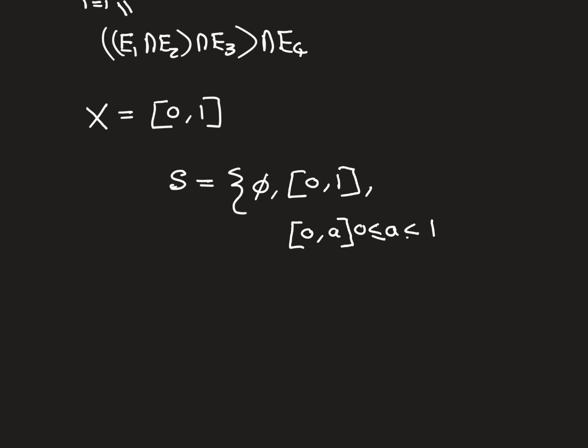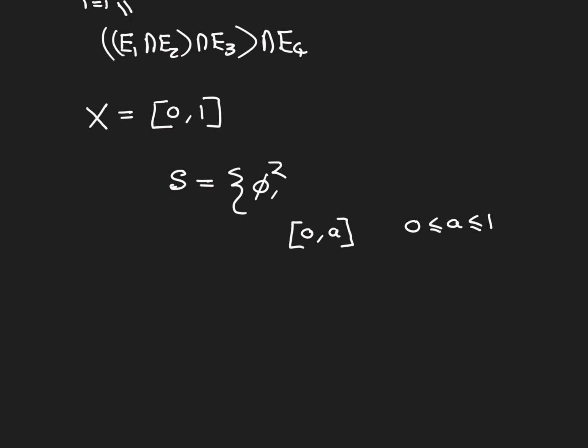Or in fact, if we make it less than or equal to 1, let's give ourselves some more space. So we take all of these intervals where A is greater than or equal to 0 and less than or equal to 1. I think it's fine for us to include 0 at the lower end. We might have to change that if we get problems. Then we can take out having to include the whole set separately, because it's now included in all of these intervals.